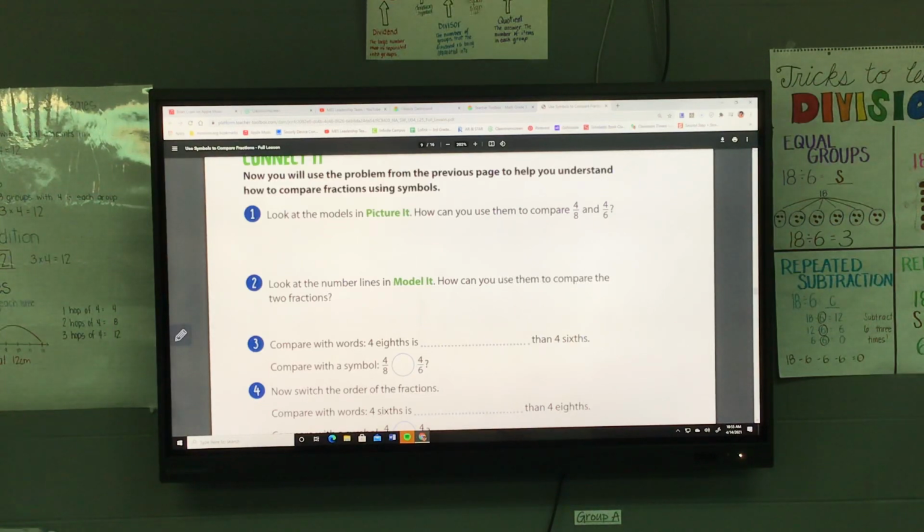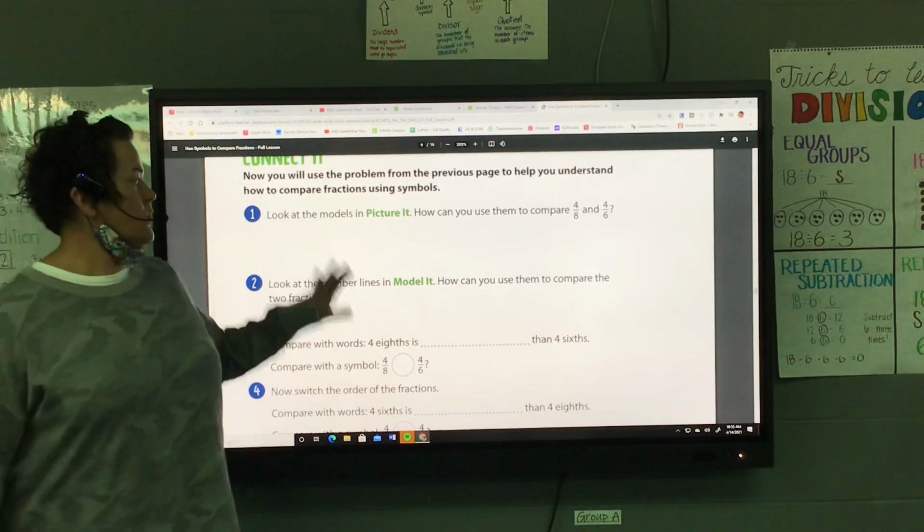I thought I saw another hand somewhere. Connor? That the squares are bigger and then the other one's smaller, so then 4/6 is greater than 4/8. Okay.